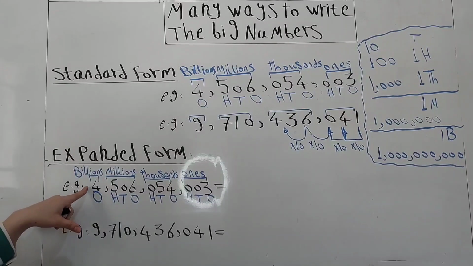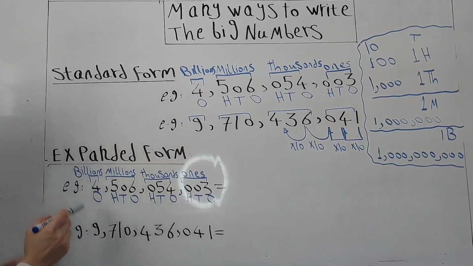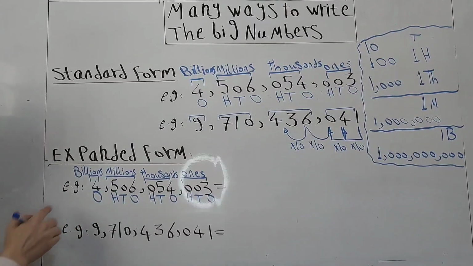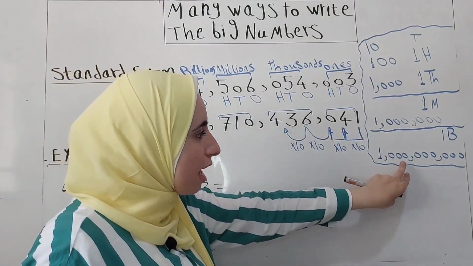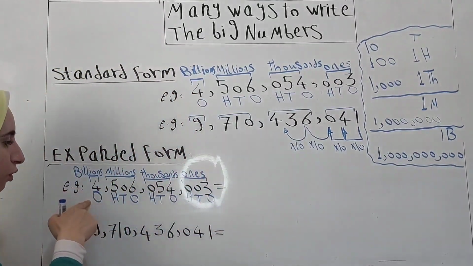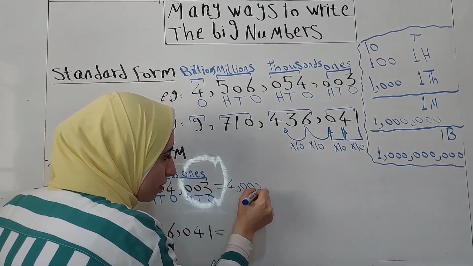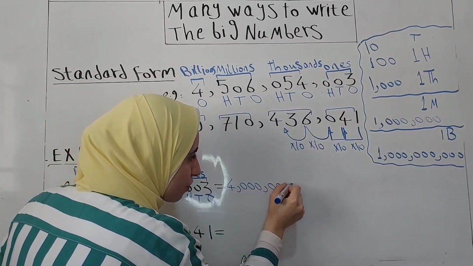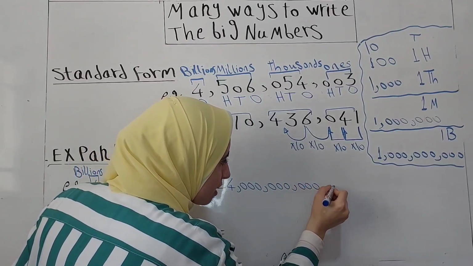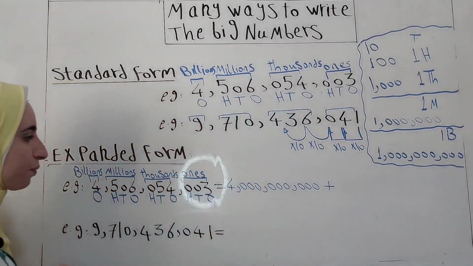Now we start from the left. We need to write the value of the digit 4. The digit 4 is in the billions place. Billions has 9 zeros, so we write 4 billions: 4 and 9 zeros. Then we write a plus sign.